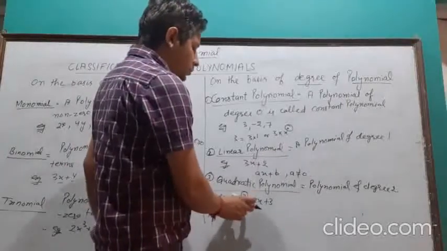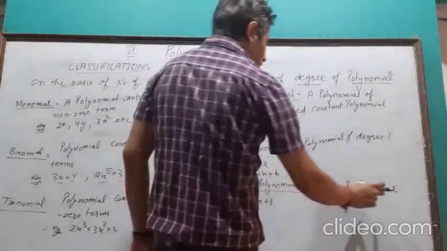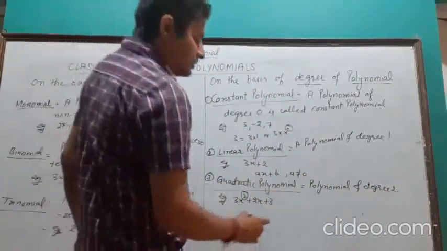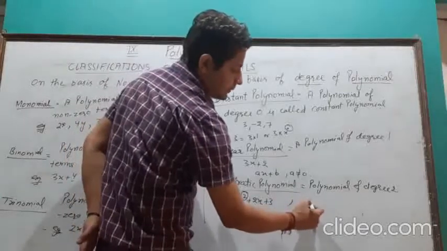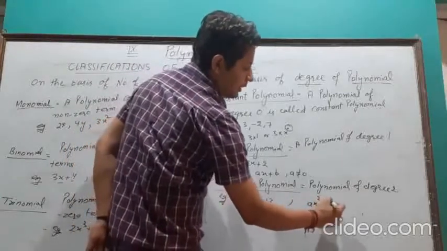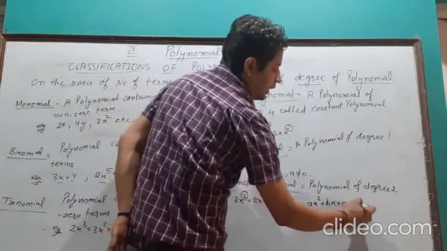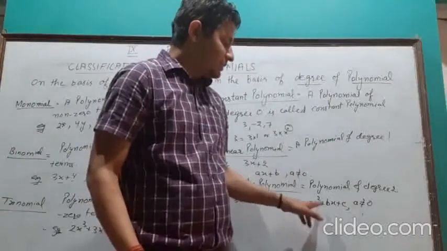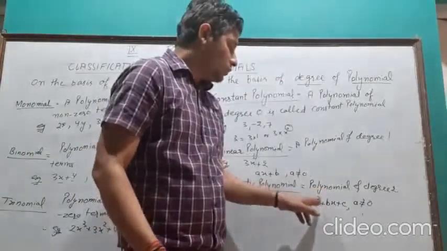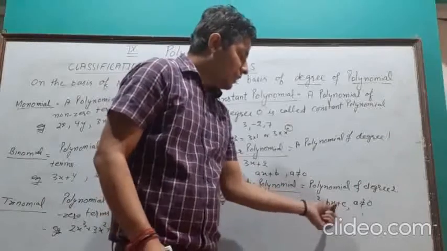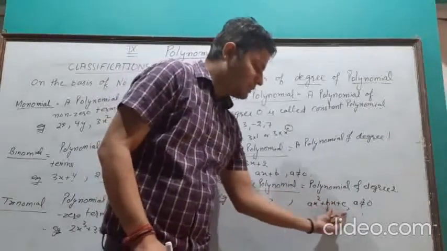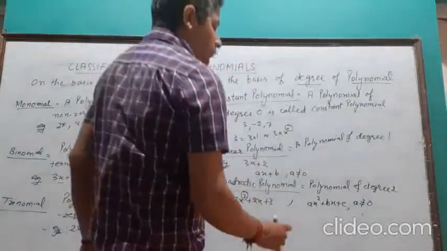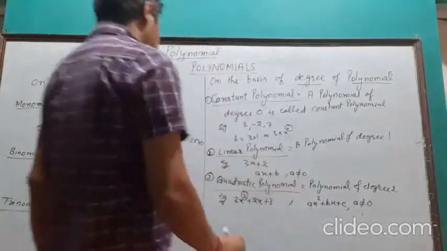If the degree of a polynomial is 2, then it is called quadratic polynomial. In general, we can write it as ax square plus bx plus c, where a cannot be 0. Because if a is equal to 0, then ax square becomes 0, and we are left with bx plus c, which is a linear polynomial. So we have to remember that a should not be 0.